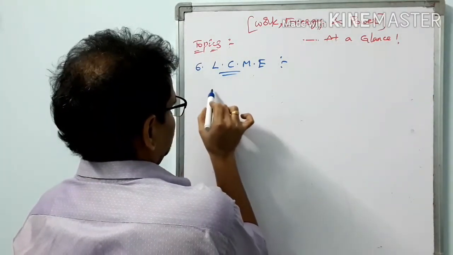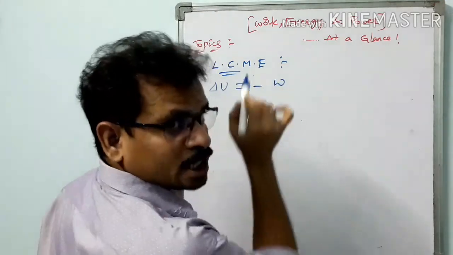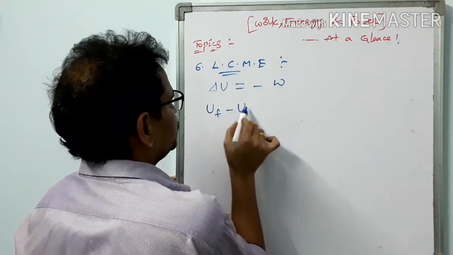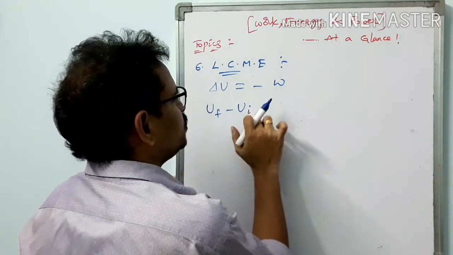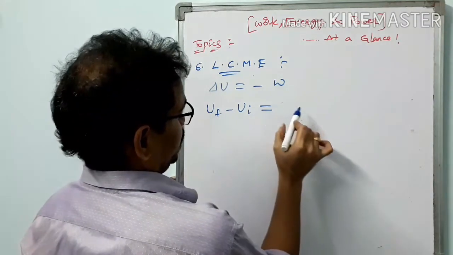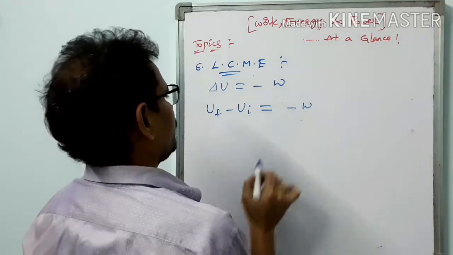You know, delta U, change in potential energy, equals minus W, the negative of work done by the conservative force. So, Uf minus Ui equals minus W.